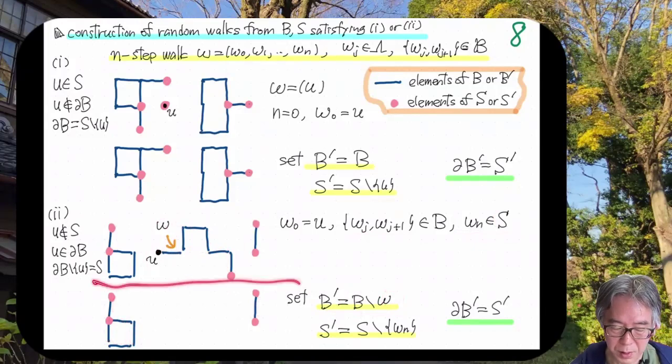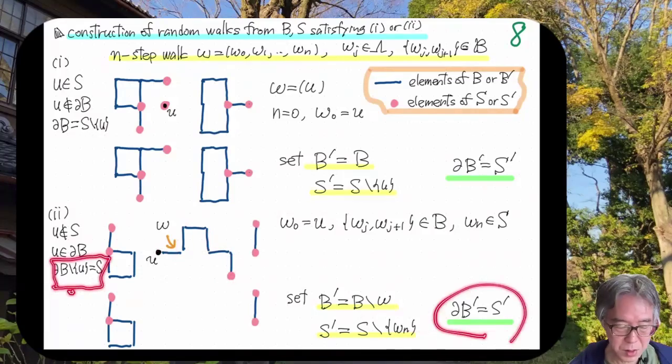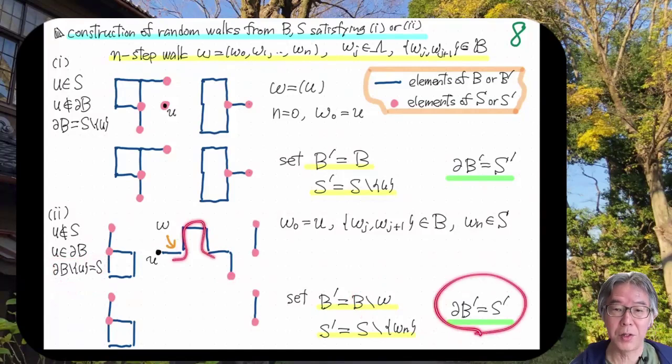And as for S prime, we don't have to do almost anything, but this guy here is used as the endpoint of the random walk, so we also delete this. And again, you find that this relation leads to this. In this case, you have to be slightly more careful, but from this picture, it's clear that this is true.